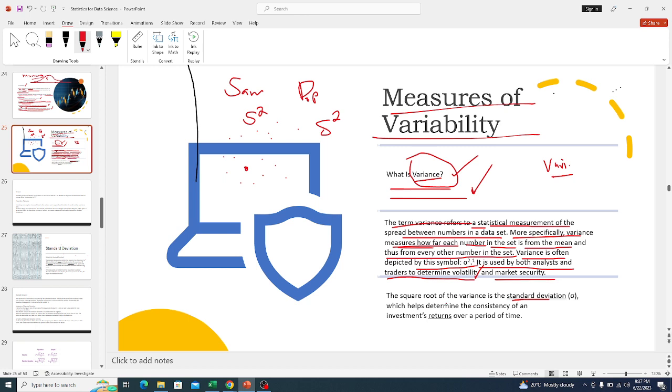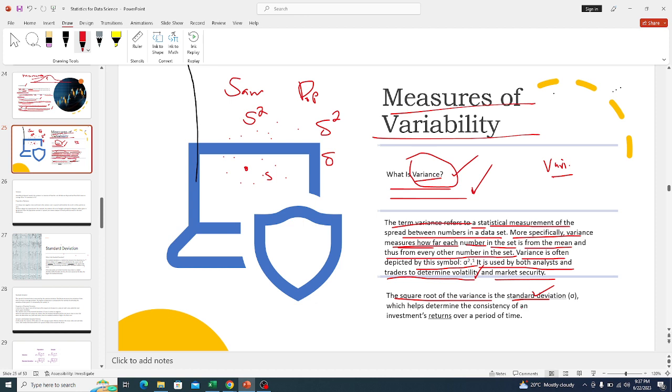So we are saying that it is used by both analysts and traders to determine the volatility in market security. The square root of variance is the standard deviation, and standard deviation under population data is given by sigma, which is the square root of what? Sigma squared. And s for sample data.